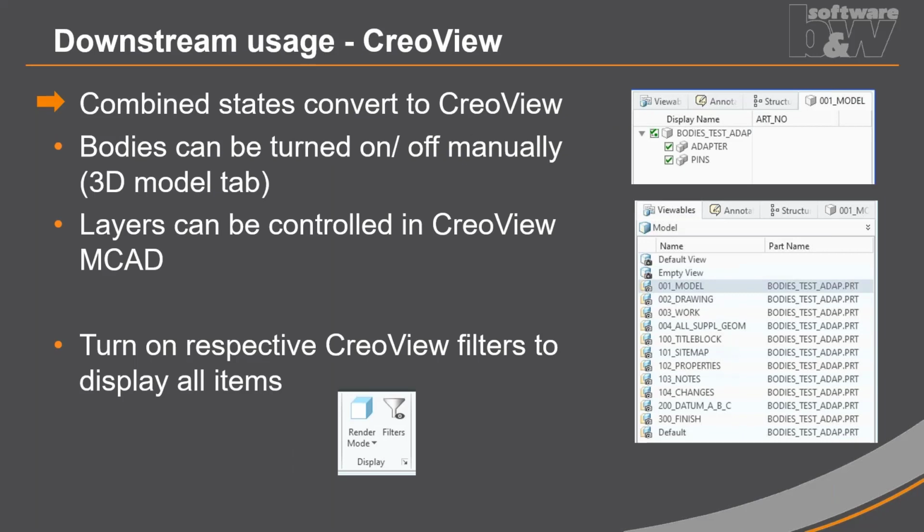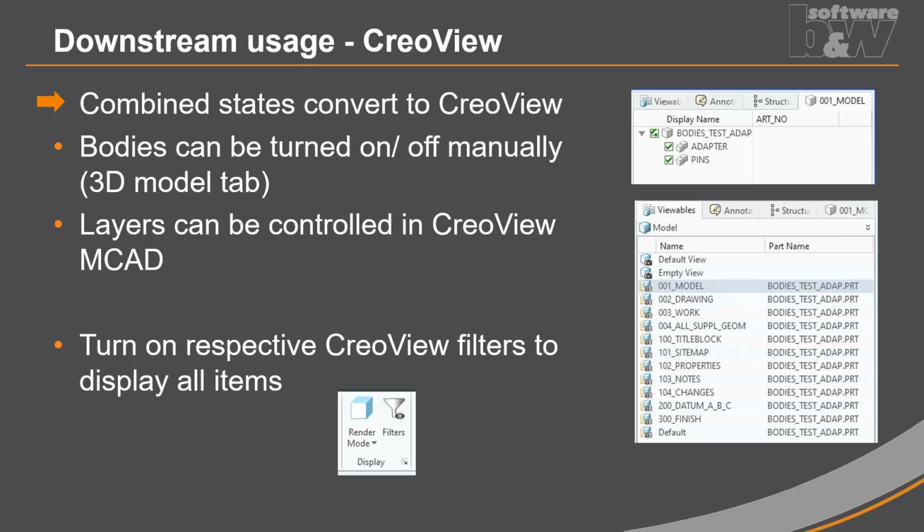And finally, Creo View as a downstream item. Combined states convert to Creo View nicely. You can even turn bodies off and on manually there. It's new with Creo 7. And if you want to control layers manually in Creo View, you have to use the MCut option, so that's not available in the Express option.